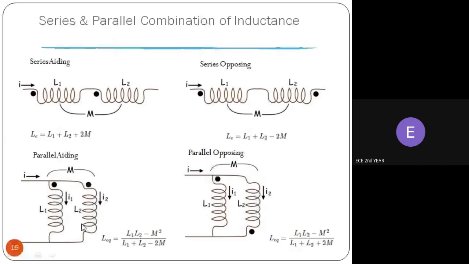Here, the place of the dots is such that current flows towards the dots in the same direction in both inductances. So this is the parallel aiding combination. The total inductance can be calculated with the formula L1 into L2 minus M square, divided by L1 plus L2 minus 2M. Here M indicates the mutual inductance.